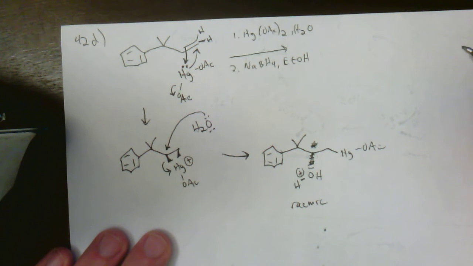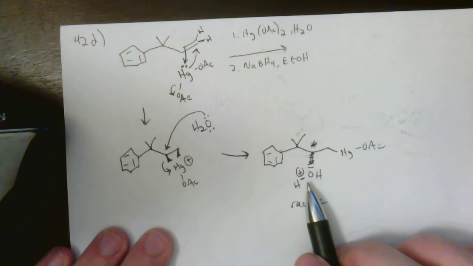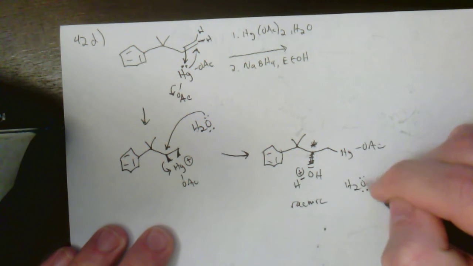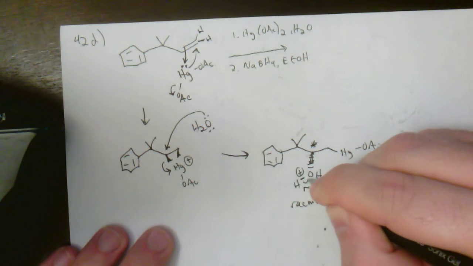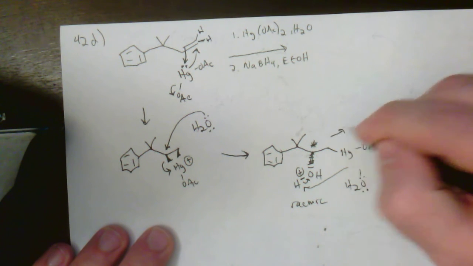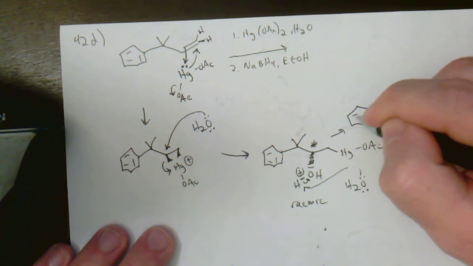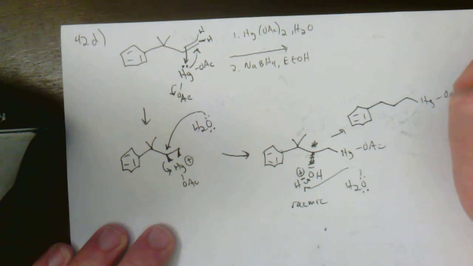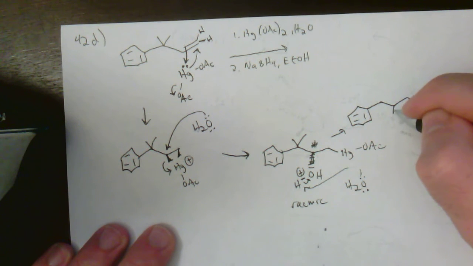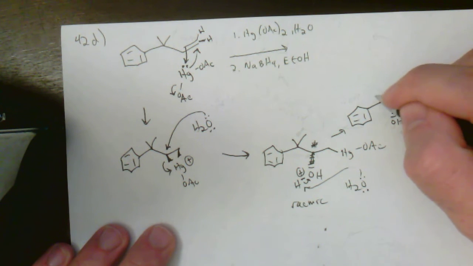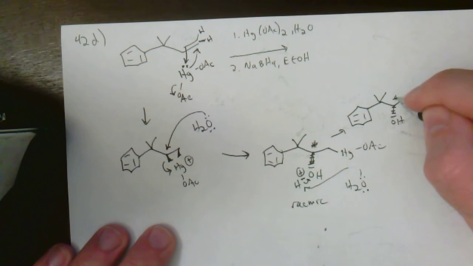Now my next step is just to take off this proton, so another water molecule can come in and do that to make just my regular old alcohol. And again, this is racemic.